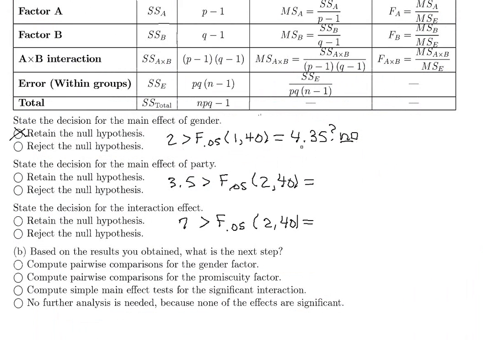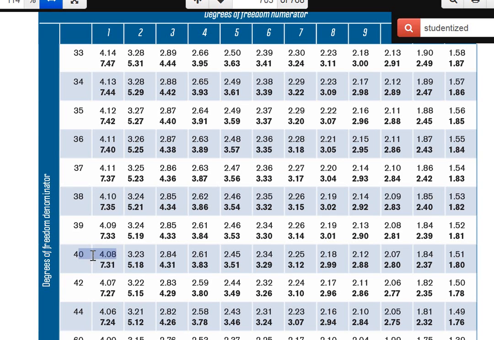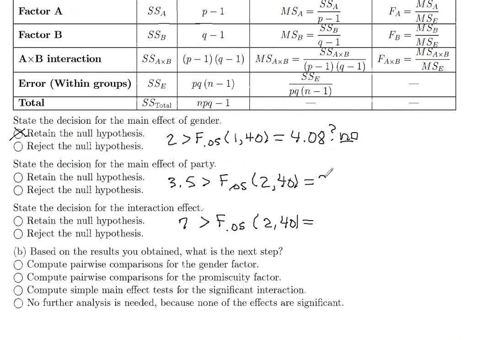Still not significant. You probably wondered what I was doing, didn't you? Okay, and then we compare against degrees of freedom 2 and 40. Well, that's going to be the value right beside it. So it's 40 and 2. So right there, 3.23.